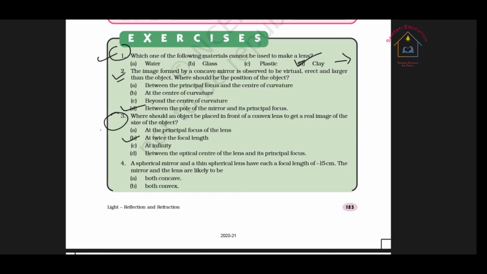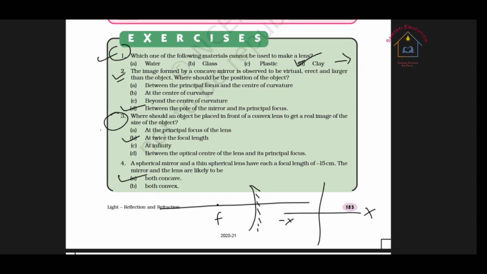Same thing in a concave lens. This curve has its center of curvature in this direction, then the focus will be in the same direction. It is also in the negative direction, hence it also has a negative focal length. So both the concave mirror and concave lens have negative focal length.